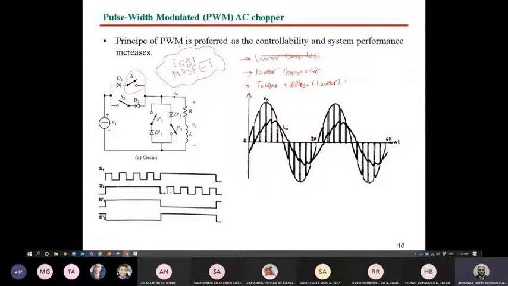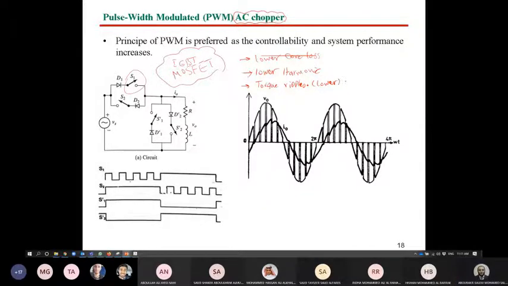I mean, we have PWM AC chopper, PWM rectifier, PWM inverter, so we have many PWM circuits. Here we are speaking about the AC chopper because we need to control the voltage of the machine. So for the AC chopper, we have either the one based on thyristors, on the previous slide, or one based on IGBTs and MOSFETs, which are controlled by pulse width modulation.